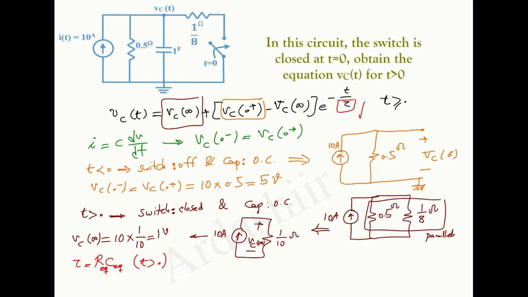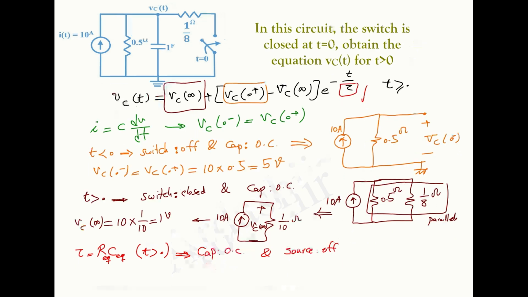As a result, it is necessary to open the circuit for the capacitor and turn off the independent sources. In other words, the current source in this circuit is open circuit. So the equivalent circuit will be in this form: the capacitor is open, and also the sources are off.